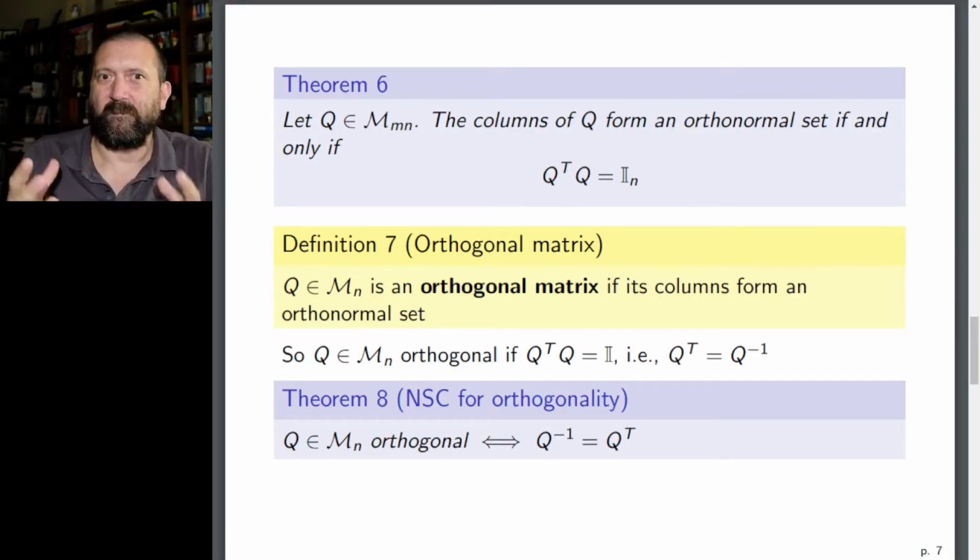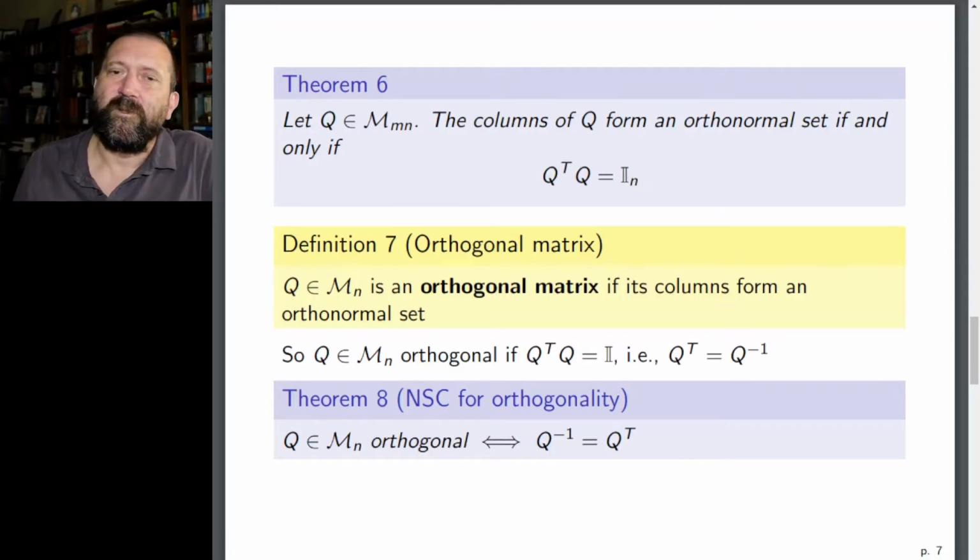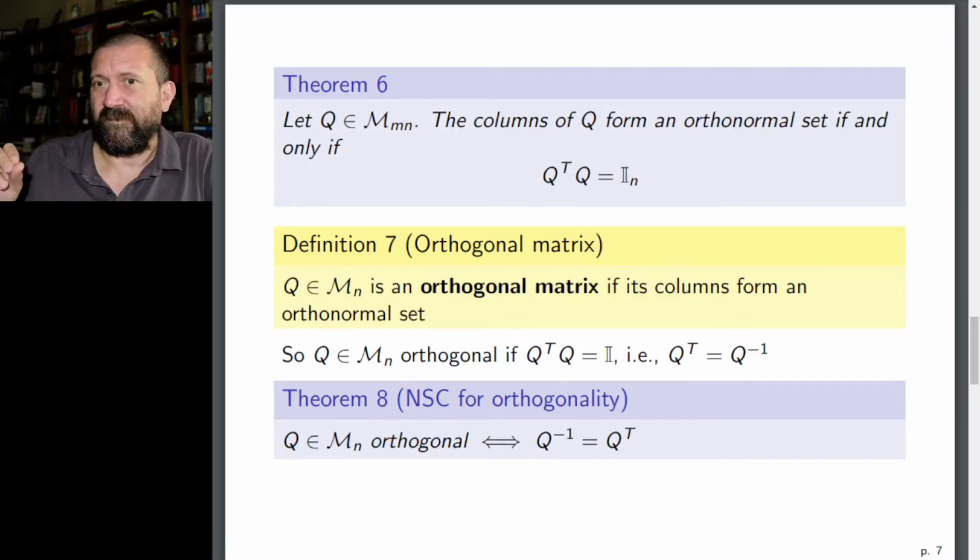If I take a matrix Q, not necessarily a square matrix, we say that the columns of Q form an orthonormal set if and only if Q transpose times Q is equal to identity. That's a result.